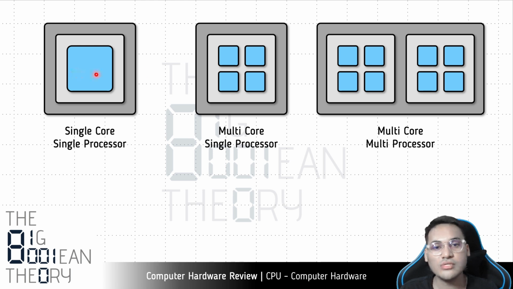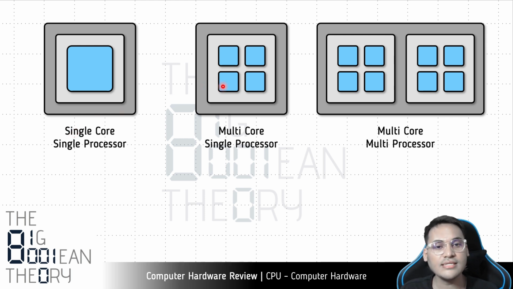As you can see, the core size is getting smaller day by day. So the first idea is that we can have multiple cores on a chip instead of a single core, single processor. Here we have a multi-core single processor, and almost all modern processors are multi-core. Here we have 4 cores. These are identical cores. The execution circuit has basically been replicated 4 times. So ideally, theoretically, we can achieve 4 times the performance compared with a single core, single processor.